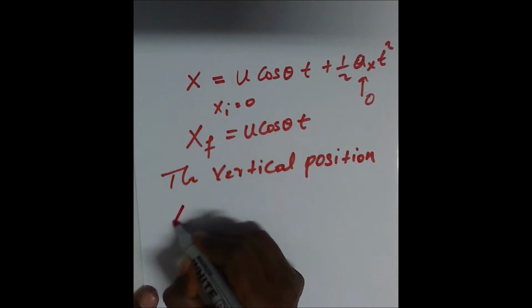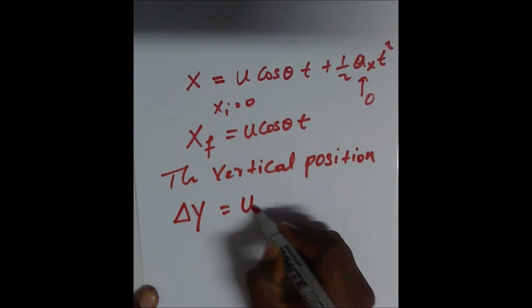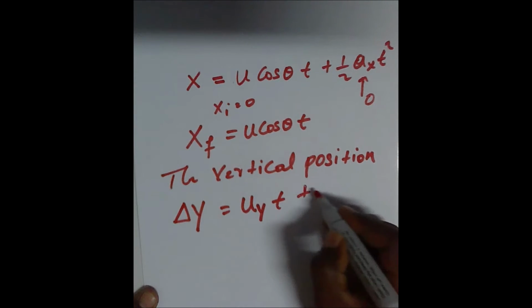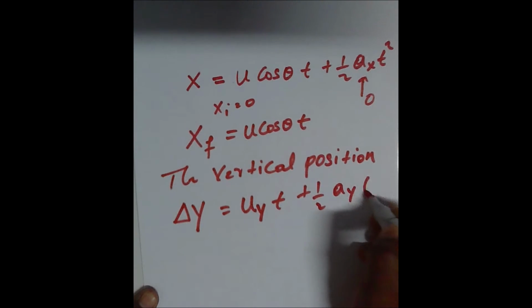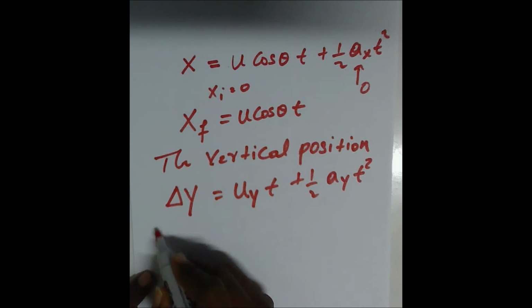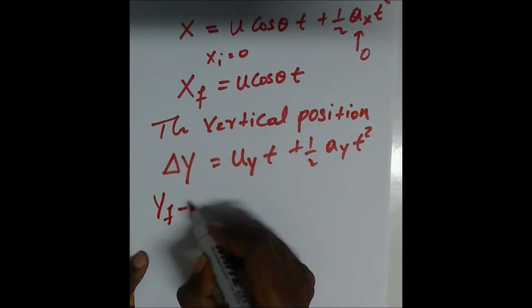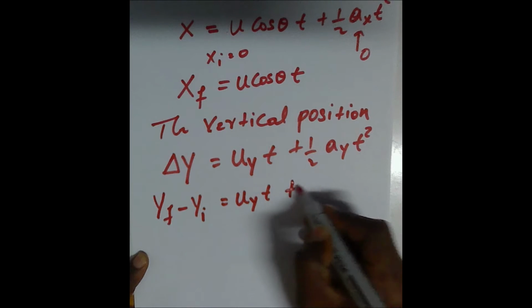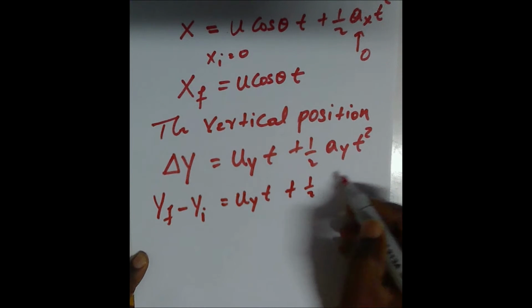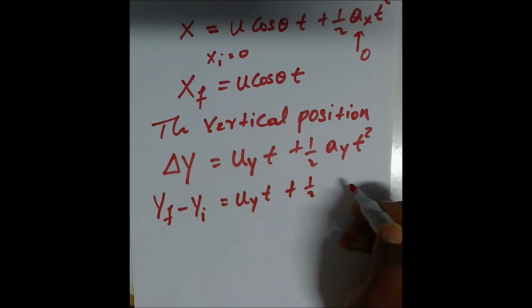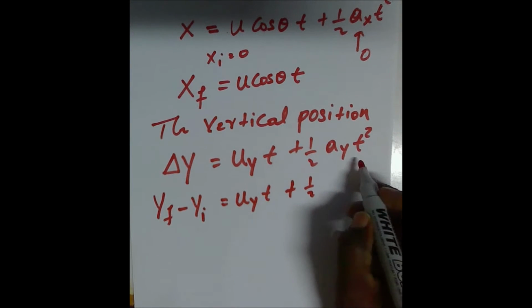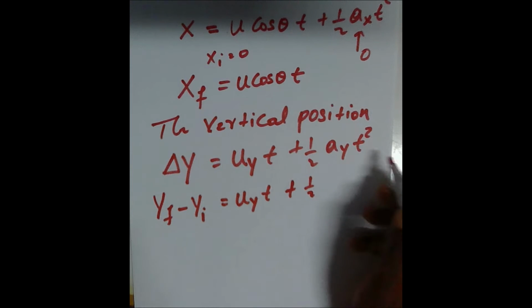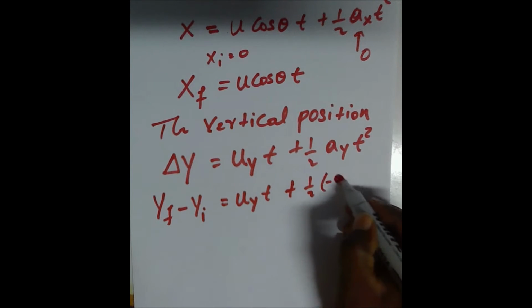Now let's find the vertical position, which is equal to the change in y, which is u in the y direction multiplied by t plus half ay multiplied by t squared. You know that change in y means y final minus y initial, which is equal to u in the y direction times t plus half ay t squared.